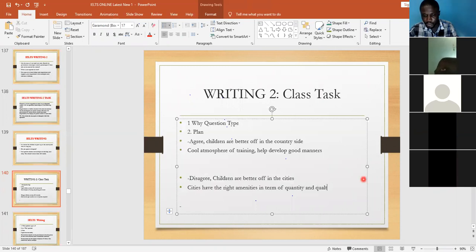Yes, I'm saying that cities have better amenities in terms of quality and quantity.